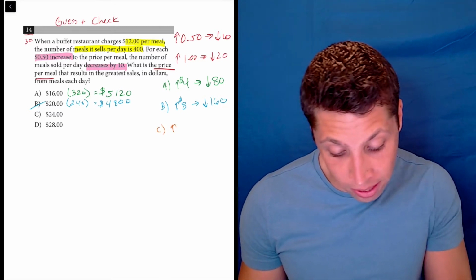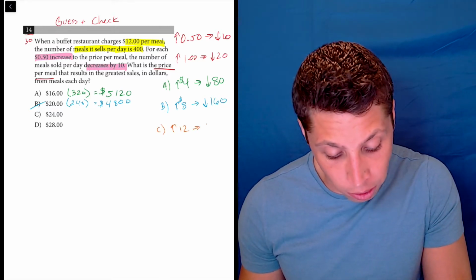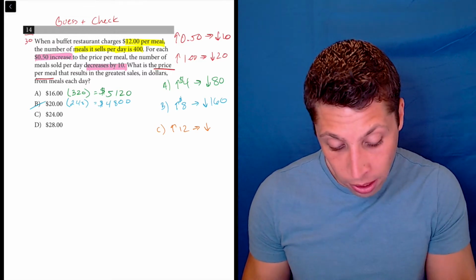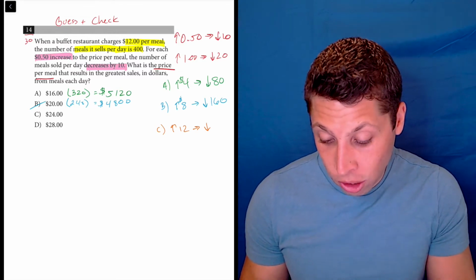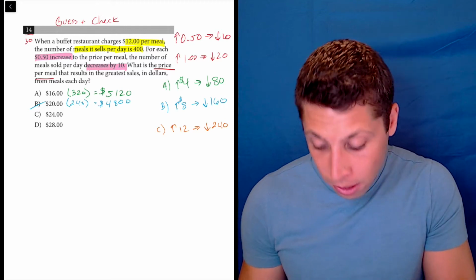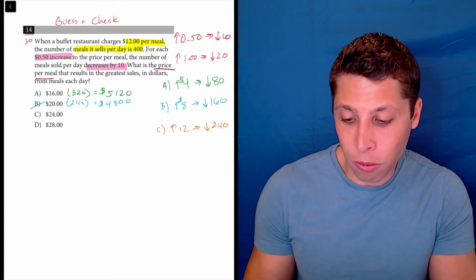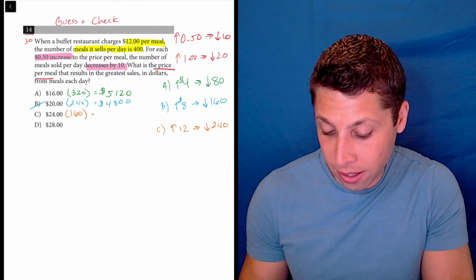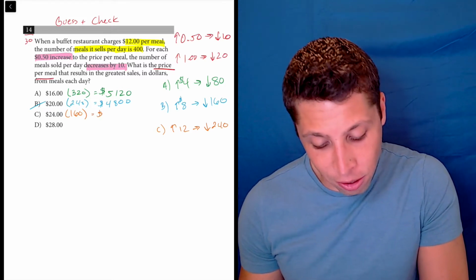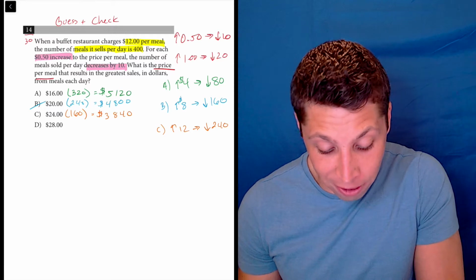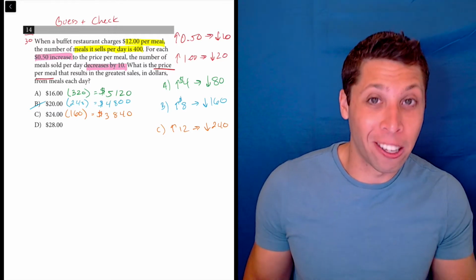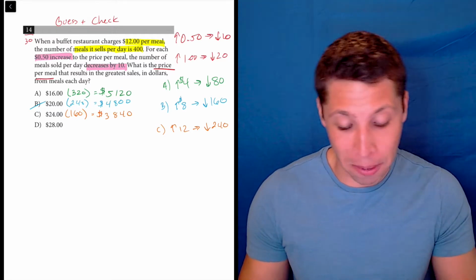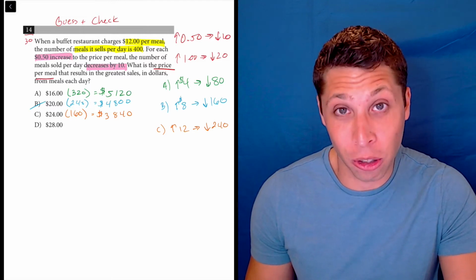So an increase now of $12 is going to lead to a decrease of 12 times 20, which is 240 people. So 400 minus 240 is 160 actual meals, and 160 times 24 is $3,840. Now it looks like it's going down and we might be able to just stop here, but to be honest, because this question is so weird, I would just be thorough.